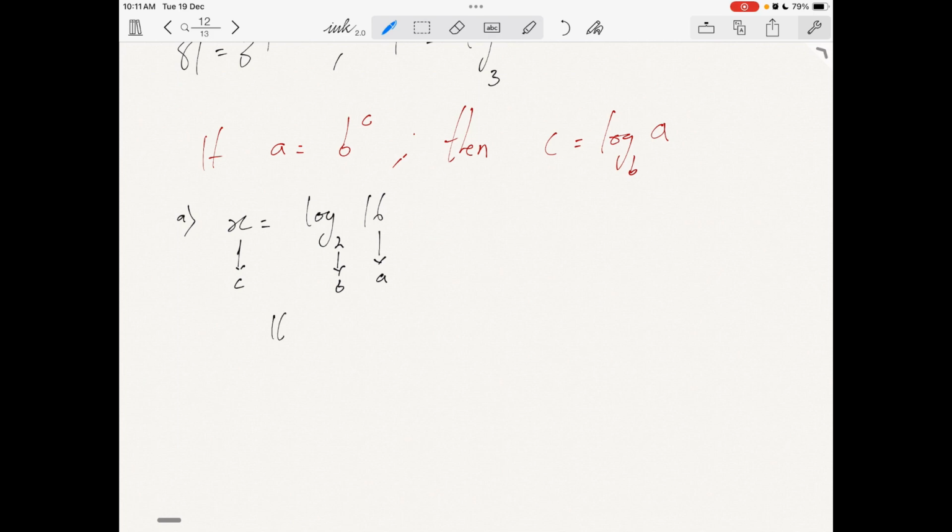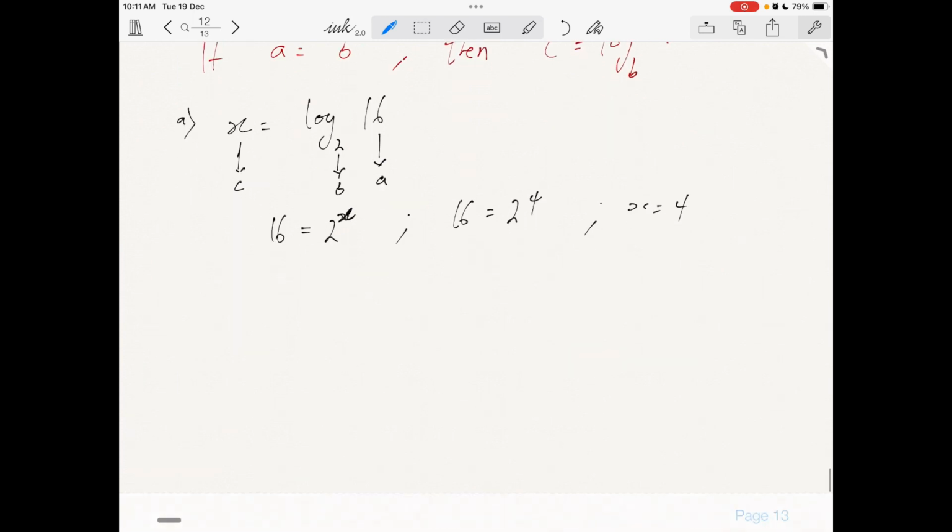So 16 is equal to 2 raised to power x. How many times will I multiply 2 to get 16? We know that 16 is equal to 2 raised to power 4. So definitely my x is equal to 4.